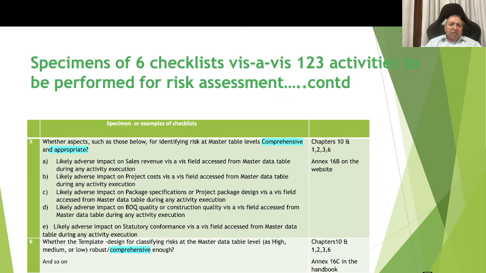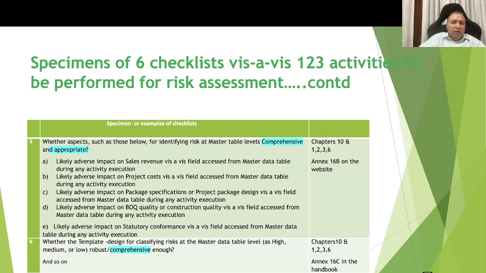Now, continuing, the fifth point of the checklist vis-a-vis the master data tables: whether aspects such as below for identifying the risk at the master data table are appropriate and comprehensive. Number one, likely adverse impact on the sales revenue vis-a-vis the field accessed from the master data table. Likely adverse impact on the project cost vis-a-vis the field accessed.